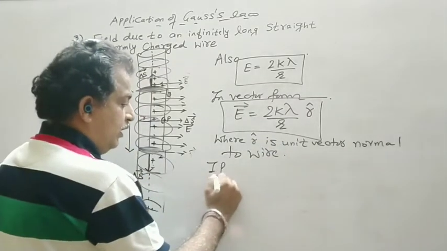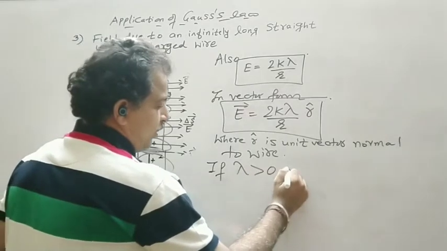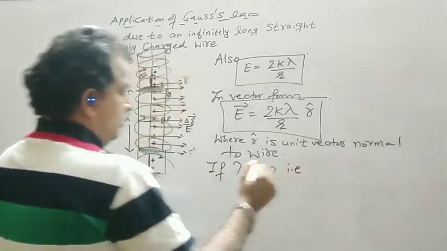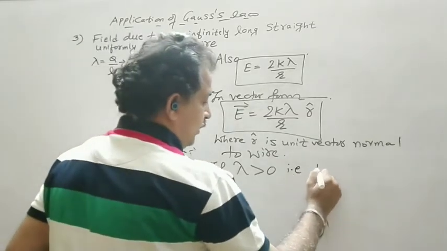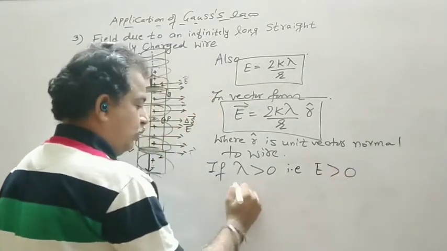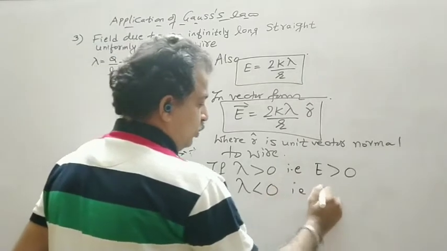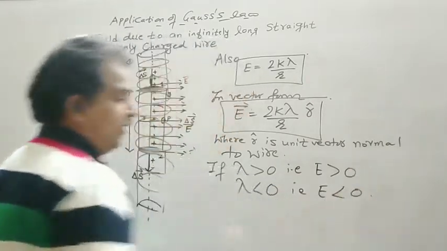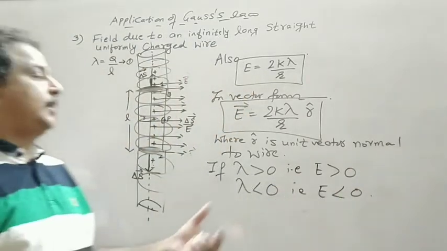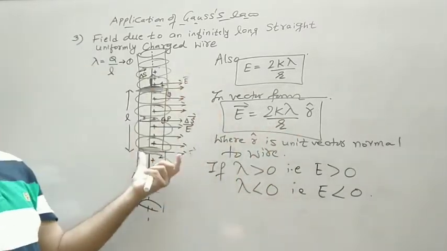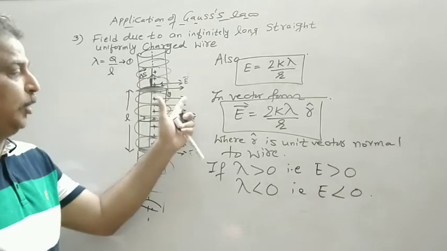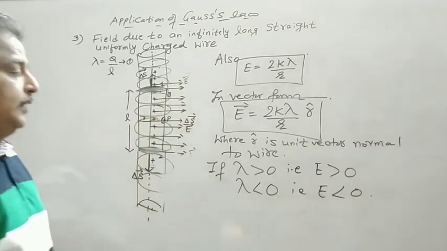Now if lambda is greater than 0, that is the wire is positively charged, then E is greater than 0. If lambda is less than 0, then E is also less than 0. You have to take care of the plus and minus sign, whether the field is radially outward or radially inward.